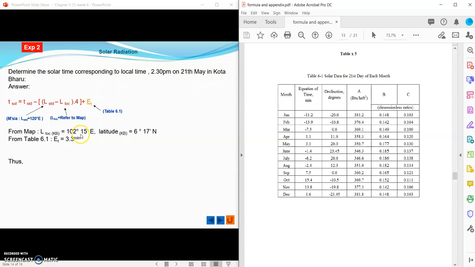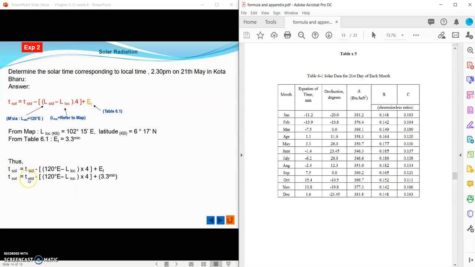Oh, ET should be 3.1 here in May. This is my mistake for putting 3.3. So using your own calculation, please make sure you get the correct answer, which is 3.1.